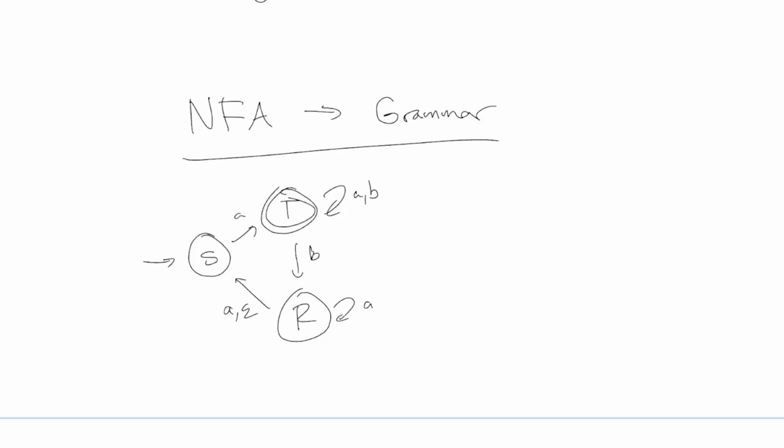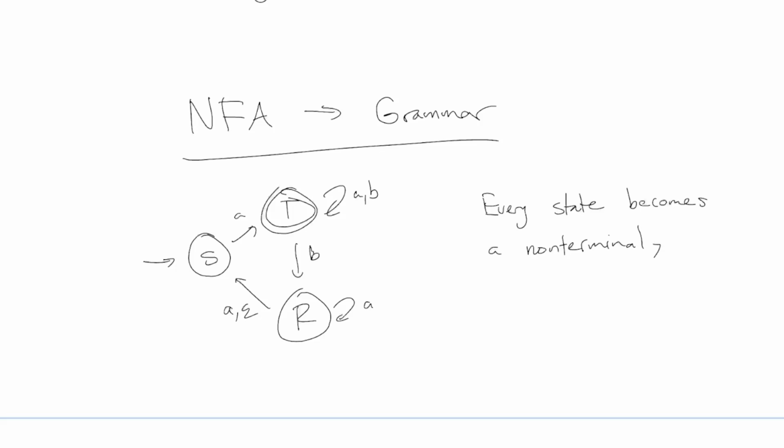I'll just tell you how to do it, and then I'll convince you that this is correct. Here's the rule. Every state becomes a non-terminal. This is why I called the starting state S. The starting state of the NFA will become the starting non-terminal symbol of the grammar.